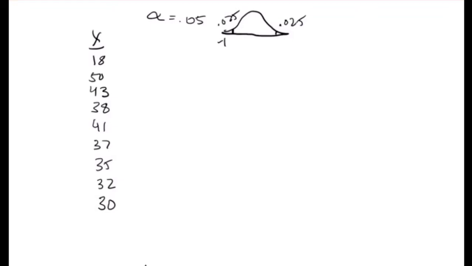So we have a negative 1.96 here and a positive 1.96 here, and my critical values are plus or minus 1.96. If the mean of my summer group falls within either of these critical regions, I'm going to reject the null hypothesis. I'm going to reject the idea that there's no difference, and say that there is a difference.